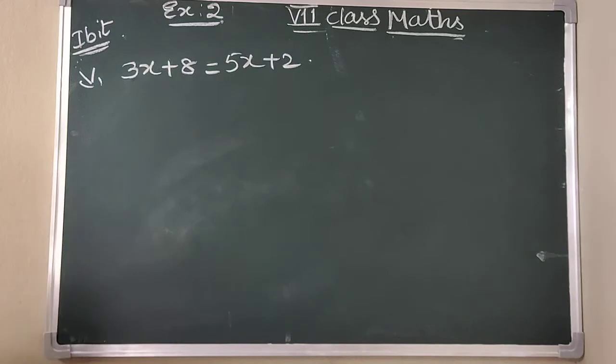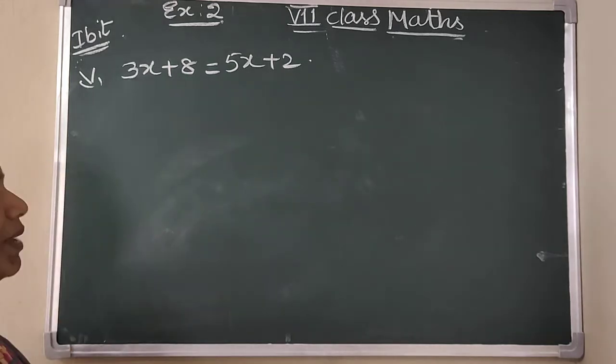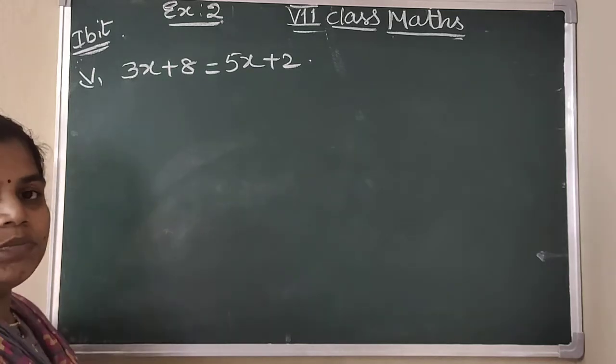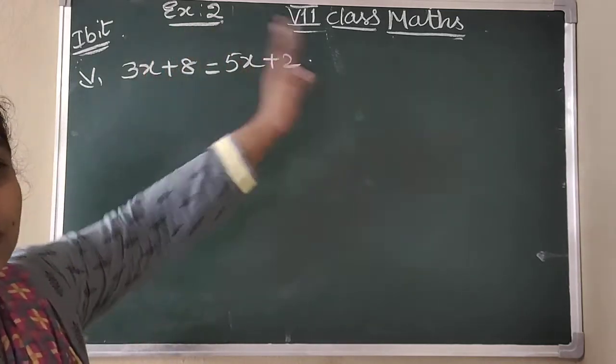Again here we have to find the x value. How to find the x value? First I am eliminating this plus 8. How to eliminate this plus 8? The transpose of plus is minus. So we have to add minus 8 on both the sides.